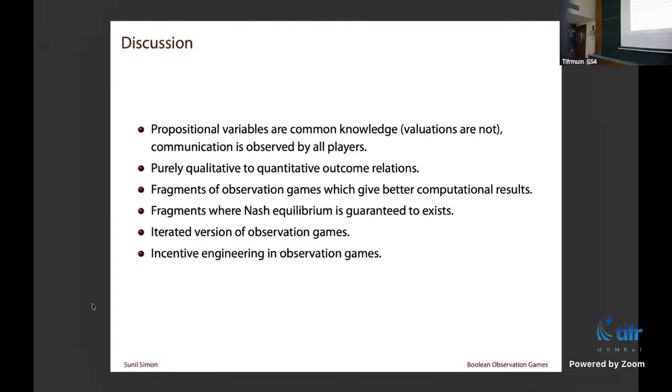And then you can look at some variant of LTL with knowledge. You can also look at this incentive engineering sort of thing where you use taxation to ensure that certain particular outcomes are always achieved. So there are various possible directions, and of course, even within what we looked at, there are many empty spaces. Yeah, that's it. So I'll stop here.